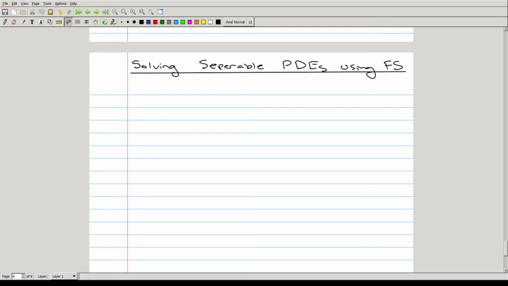So suppose that we want to solve the heat equation, specifically the 1D heat equation, or the temperature function along a one-dimensional bar.